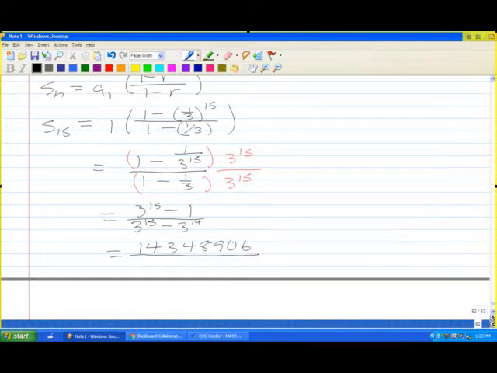Then take 3 to the 15, subtract from it 3 to the 14, and so you get 9,565,938.